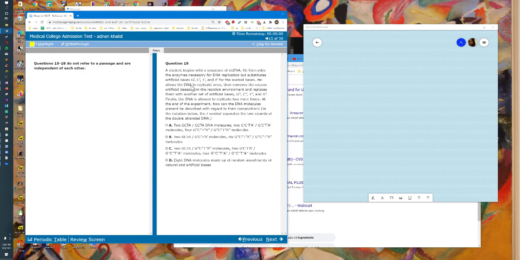Replicate once. Oh, this is semi-conservative. Okay, 2 more times, so that's 3 times. How can the DNA... What will be this? That's dispersive. I'm going to go with that.